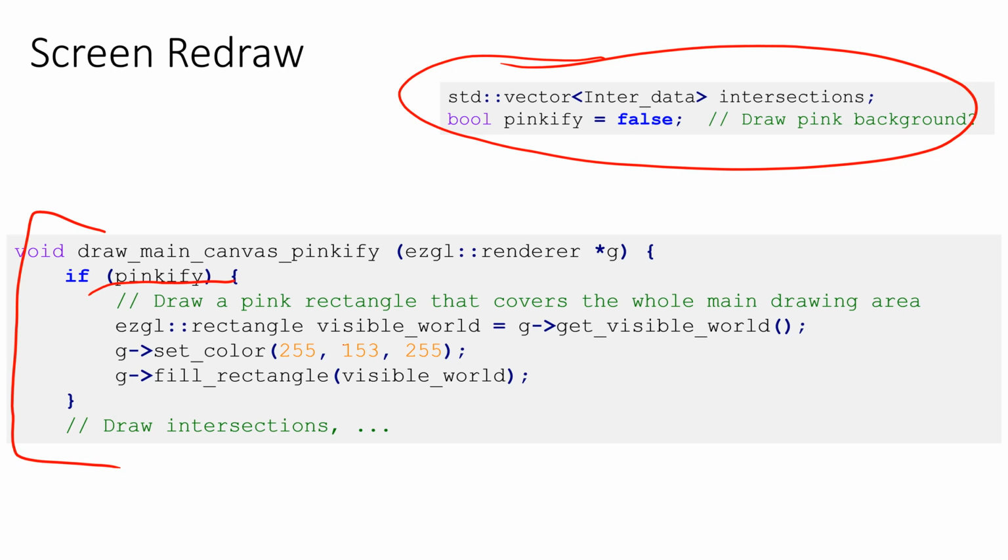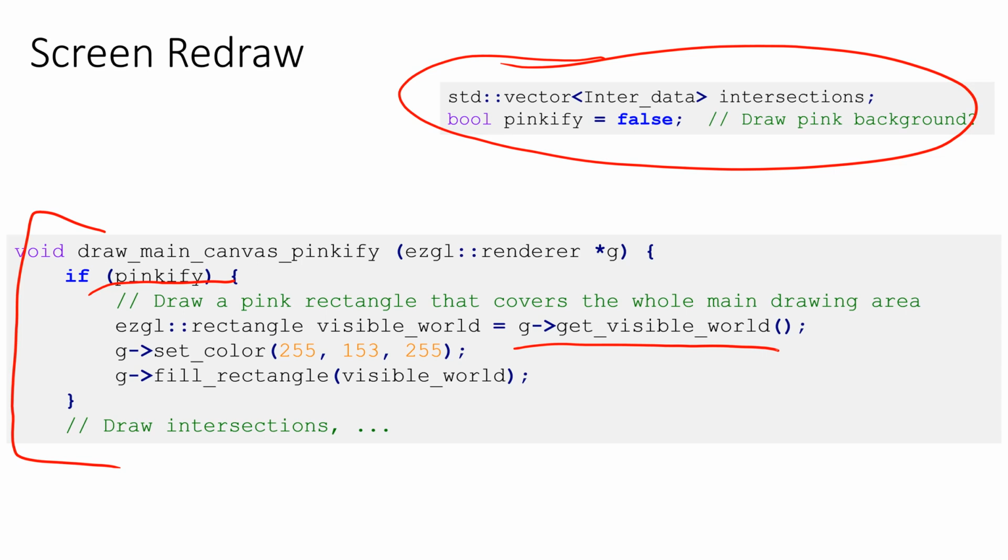ece297 has a routine called get visible world. The world is basically your coordinate system. The coordinate system you created is called world coordinates, as opposed to pixel or screen coordinates. And I'm asking ece297, give me a rectangle where the lower left corner is the bottom left part of my coordinate system that is visible, and the upper right corner is the top part of my coordinate system that is visible.